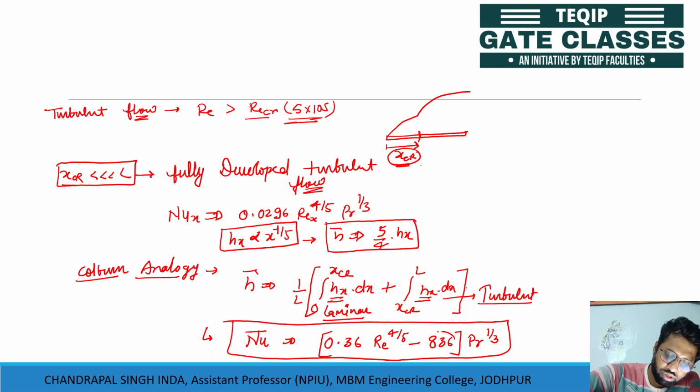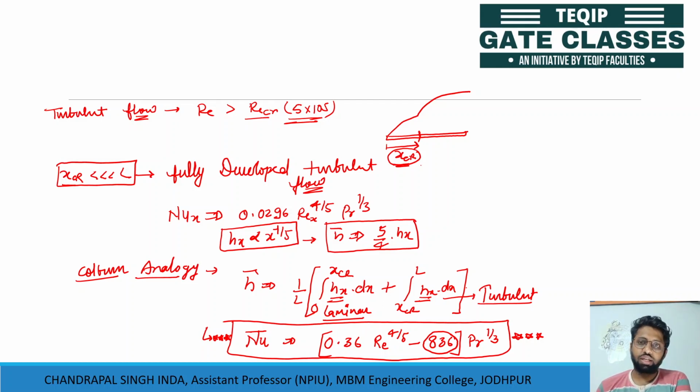This constant value is different for different fluids, and this value varies in different books. So this is a constant, and this equation is from a trusted book. We can write this equation if the empirical relation is not given for the laminar and turbulent flow.